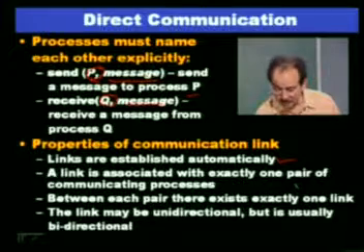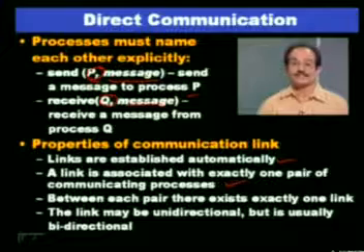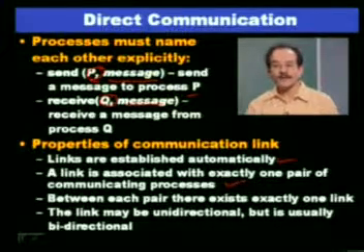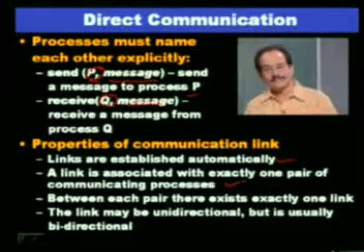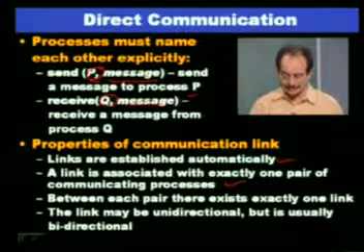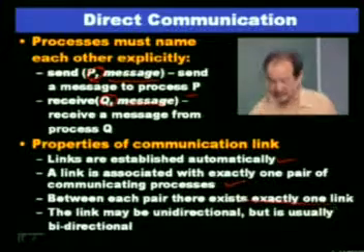This link is established between one pair of processes. Let us say there is a process P and a process Q, and there is a direct link established between these two processes, and there is exactly one link.